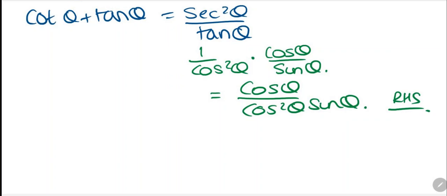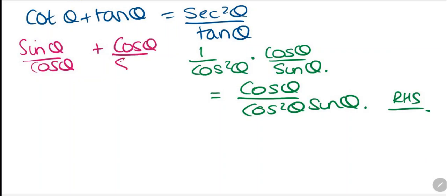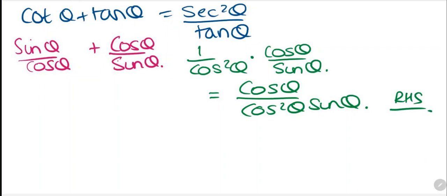So let's look at the left-hand side. So cotangent I can rewrite as sine theta over cosine theta. And tan I can write as cosine theta over sine theta. Now I need a common denominator and these are not the same, so I'm going to multiply them both.